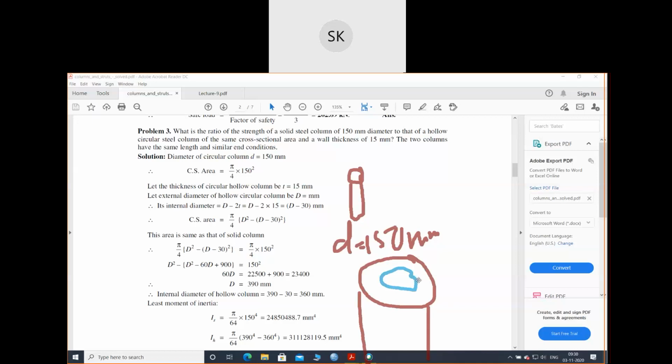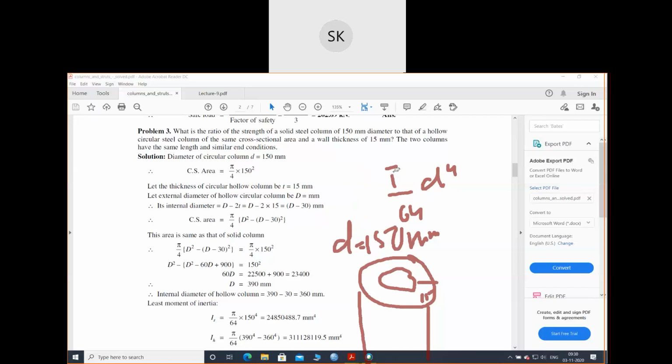Its diameter is not given, but the thickness is given, which is 15. For the solid steel, diameter is given, which is 150 mm, so you can directly use the formula pi d4 by 64 to find the I value. Forget about the rest of this part.